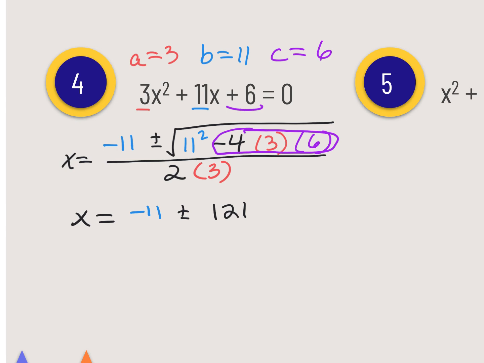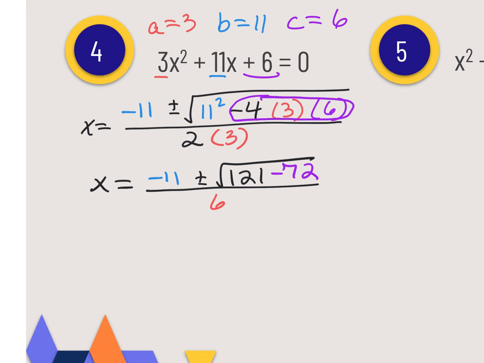And once I multiply all that, that's negative 72, divided by 6. Pretty good? Now I have to subtract what's under the square root. And I get x is equal to negative 11 plus or minus the square root of 49, divided by 6.